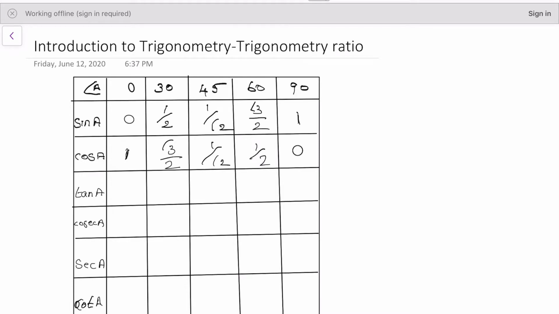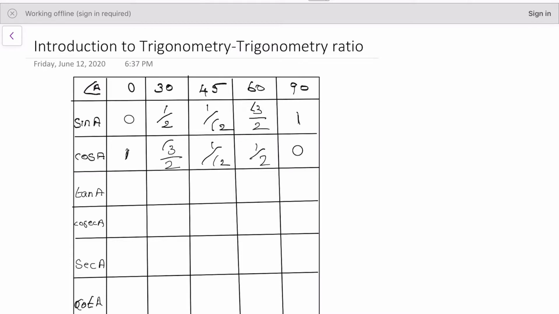This is the same as the sine, written in reverse order. The cos value is decreasing from 1 to 0 as the angle increases from 0 to 90 degrees. But the sine is increasing as the angle increases from 0 to 90 degrees.